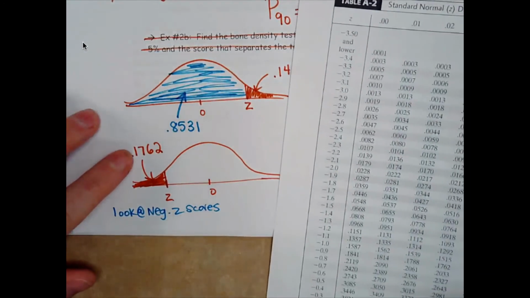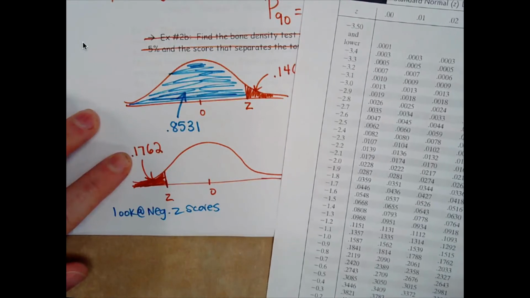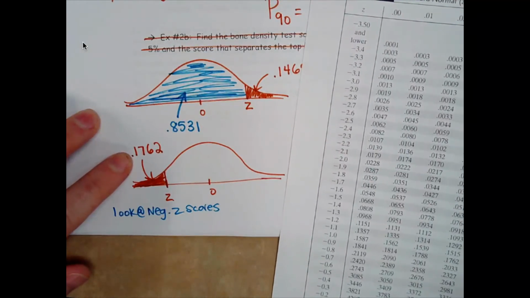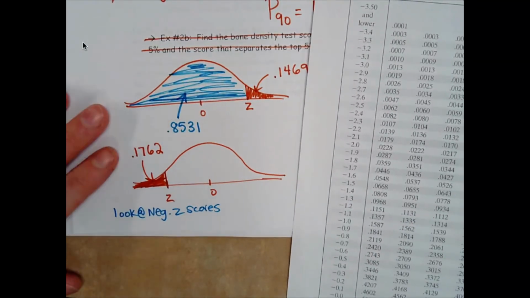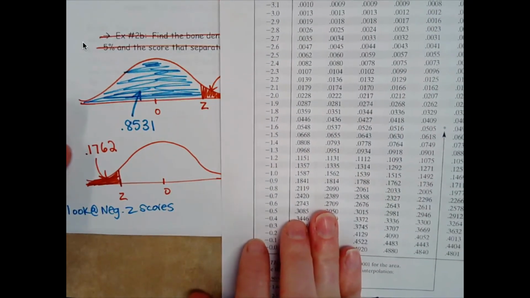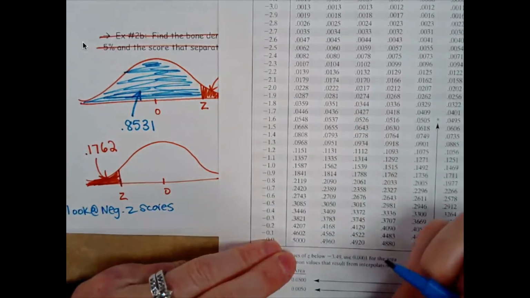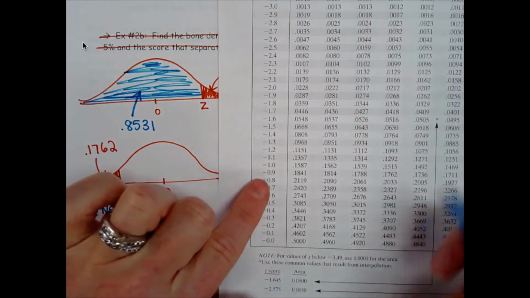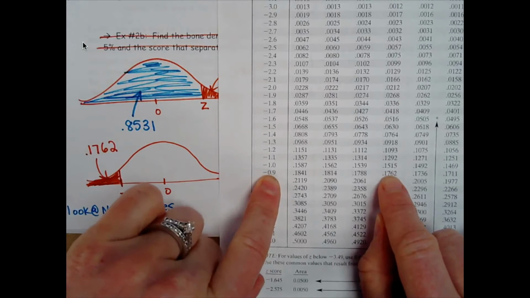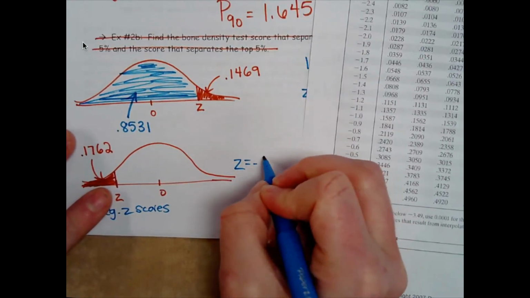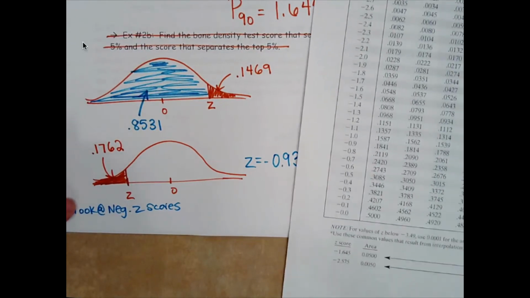So I want to look for 0.1762. Y'all look for it. Negative 0.9 what? 3. Yep. So Z is negative 0.93. Okay, cool.